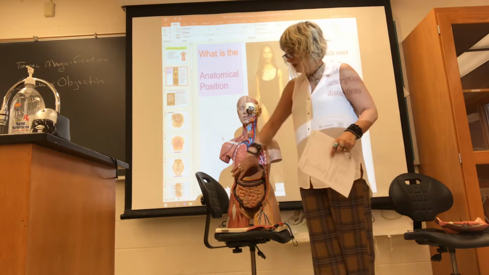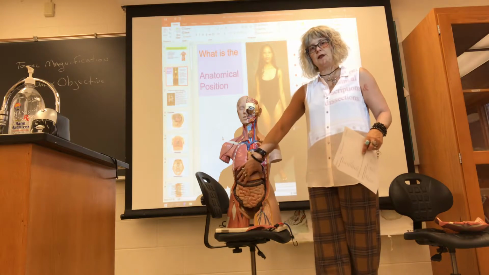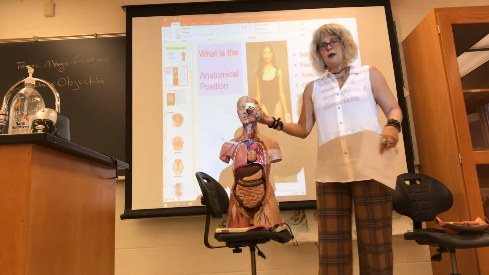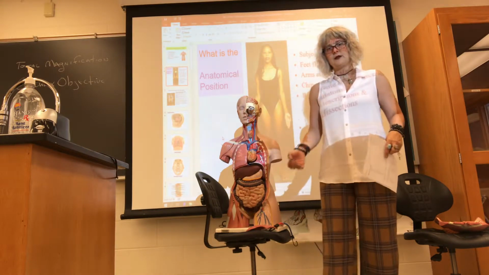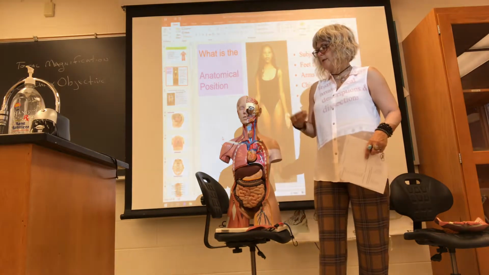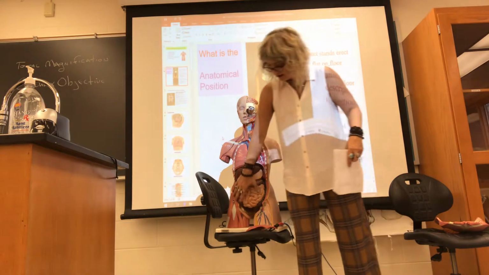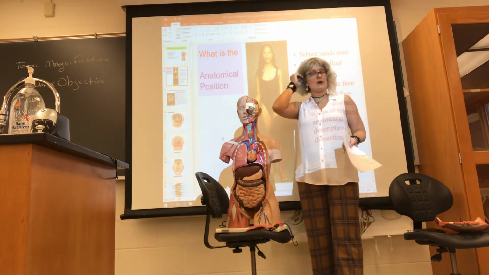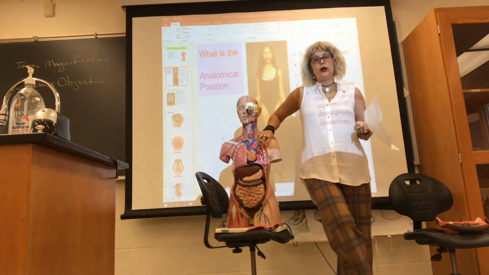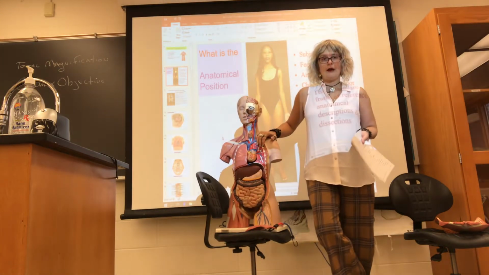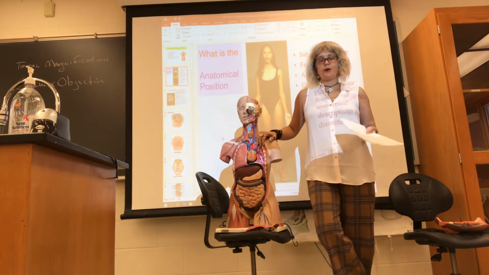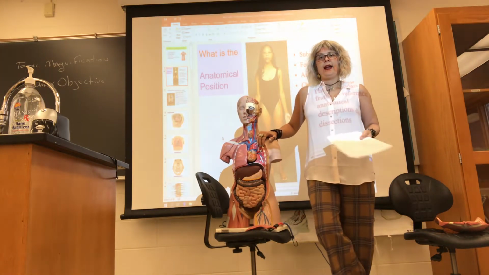But bottom line is the abdominal cavity contains the abdominal contents such as the stomach, the liver, the gallbladder, the pancreas, the spleen, the small intestine, and the large intestines. The pelvis includes your urogenital system. If you're female, it's going to include your bladder, the uterus, the uterine tubes, also known as fallopian tubes, and the ovaries.